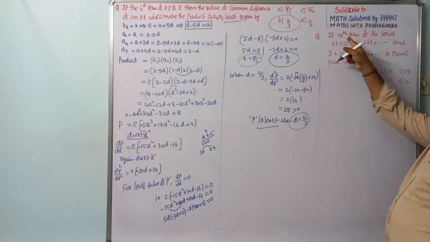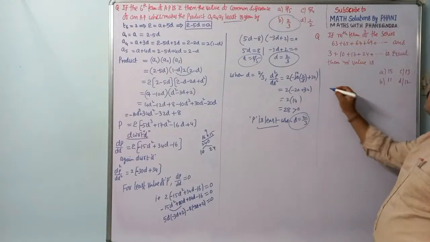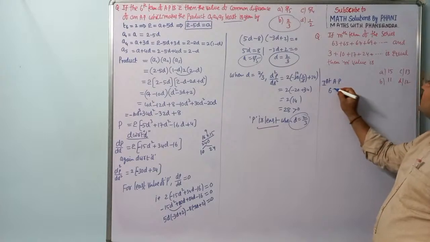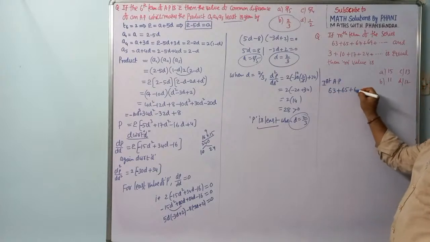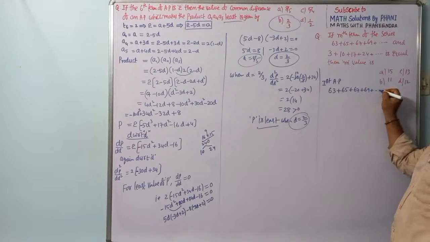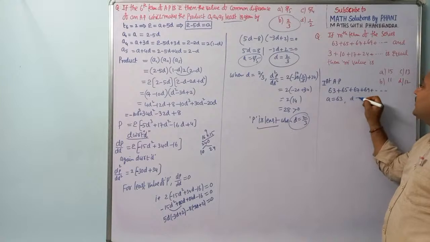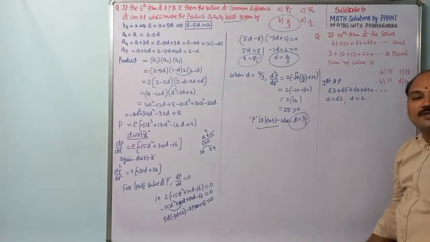Now come to here. If the nth term of the series, the first AP, 63 plus 65 plus 67 plus 69 plus and so on. First term A equal to 63 and D is equal to 2, common difference, 65 minus 63.